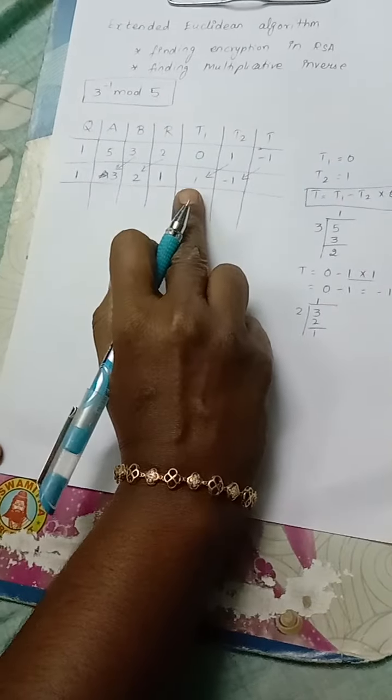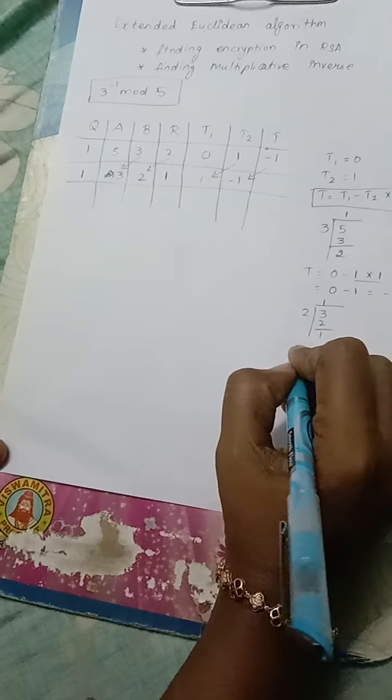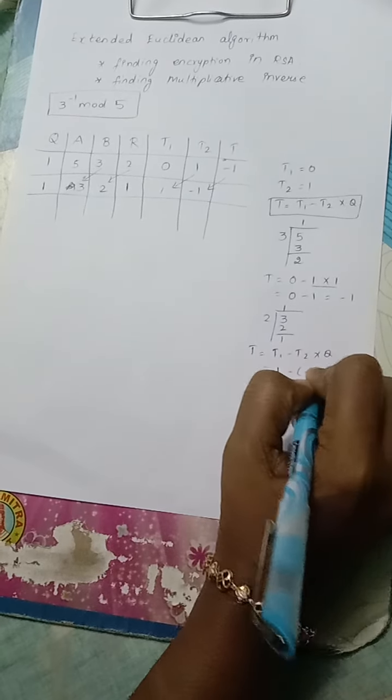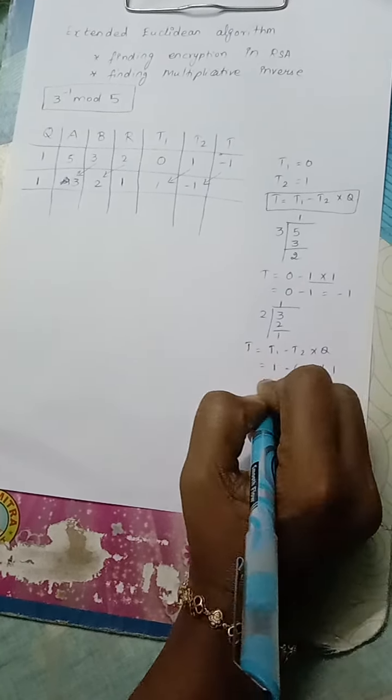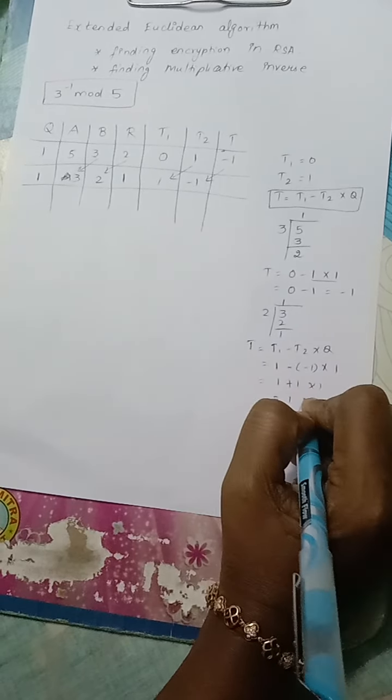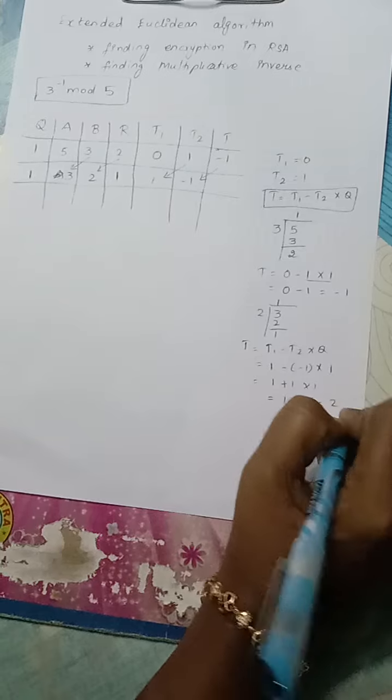Next you find your T value. T is T1 minus T2 into Q, that is 1 minus of minus 1 into 1. So 1 plus 1 into 1, which is 1 plus 1 equal to 2. You just place 2 here.